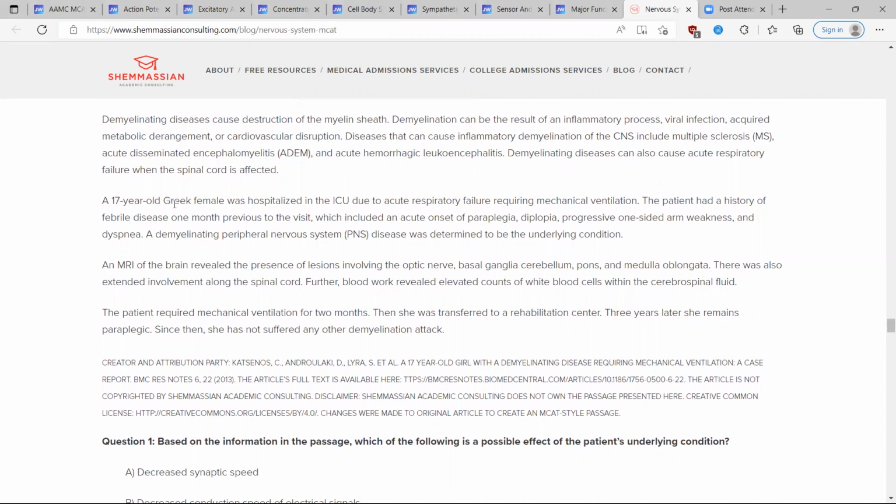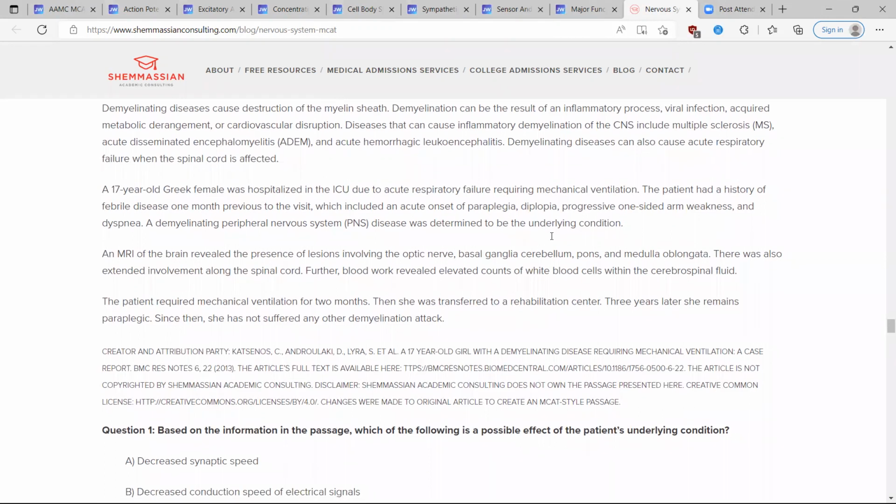A 70-year-old Greek female was hospitalized in the ICU due to acute respiratory failure requiring mechanical ventilation. The patient had a history of febrile disease 1 month previous to the visit, which included an acute onset of paraplegia, diplopia, progressive one-sided arm weakness, and dyspnea. A demyelinating peripheral nervous system disease was determined to be the underlying condition.